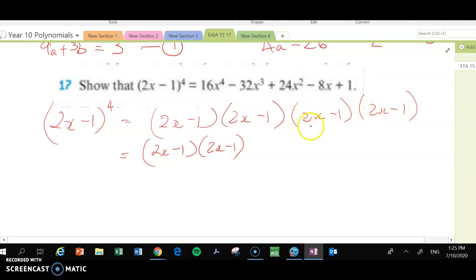So remember the rule is square the first term, that's 4x squared. Square the second term, always positive 1. Multiply the two together and double it, minus 4x. Now let's multiply this bracket with this bracket and leave the other one on its own.